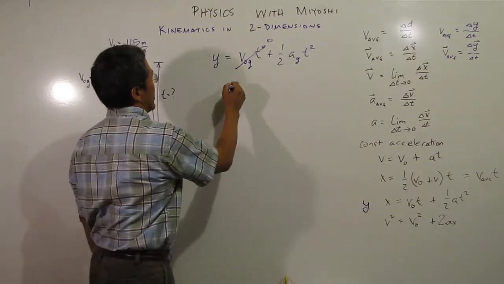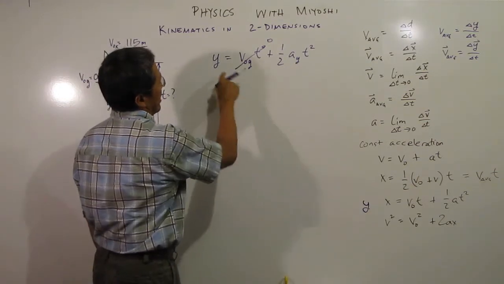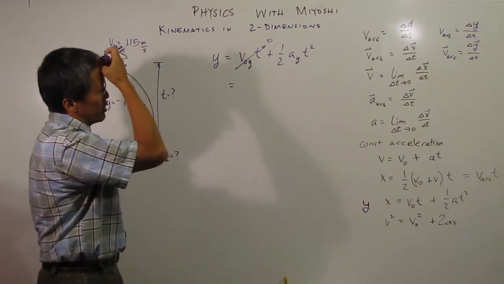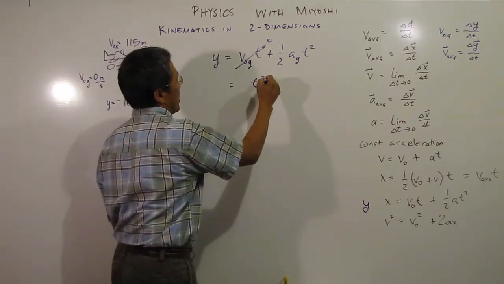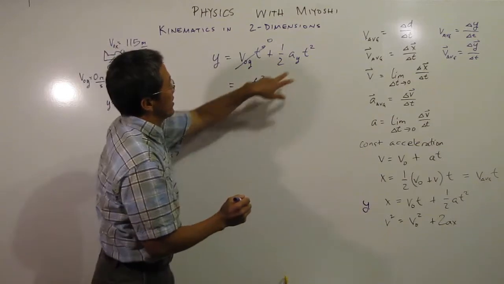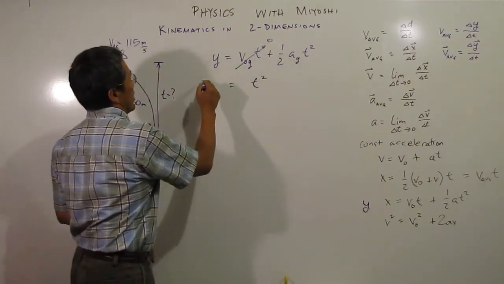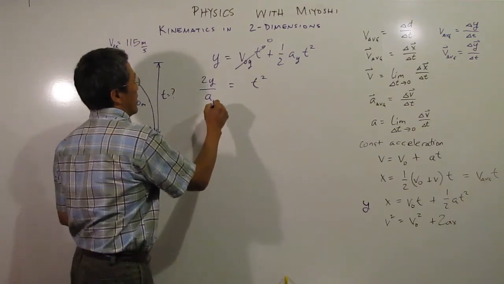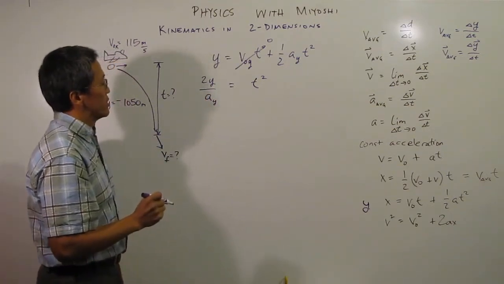We can rearrange the equation and find t squared all by itself. I'll multiply by 2 and divide by 2a, so I get 2y over a in the y direction is t squared.